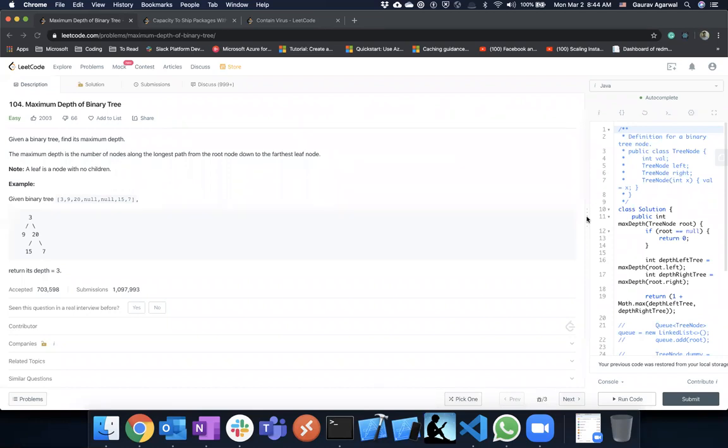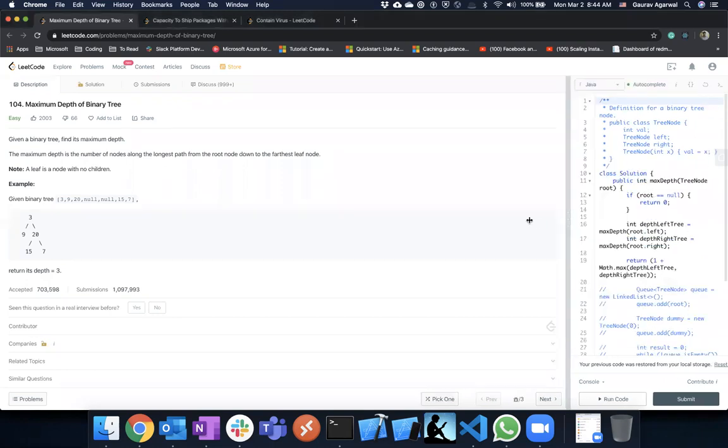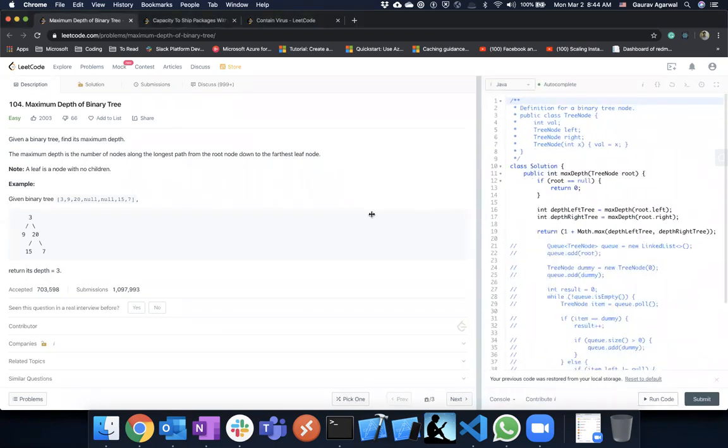And if the height of the tree is h, there can be 2^h nodes at the leaf level. Okay. And in terms of DFS, it should be the function stack, so it should be the height of the tree. Okay, thank you.